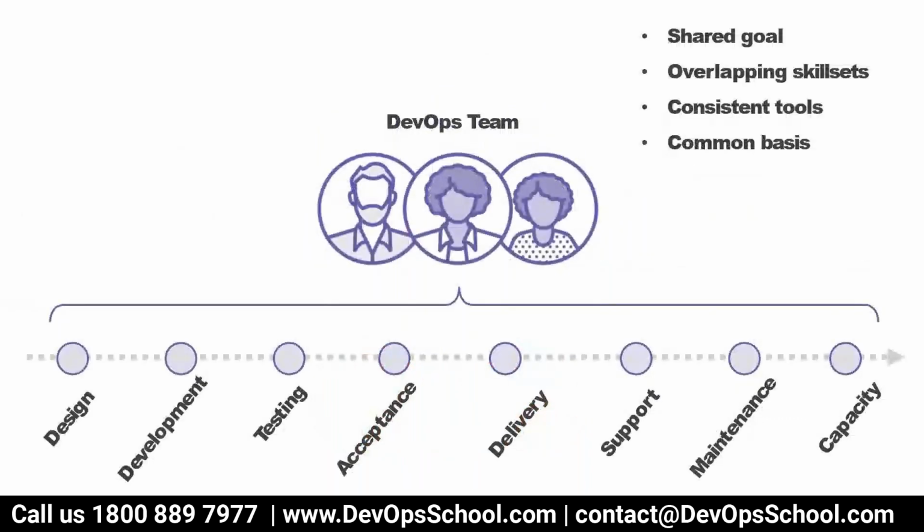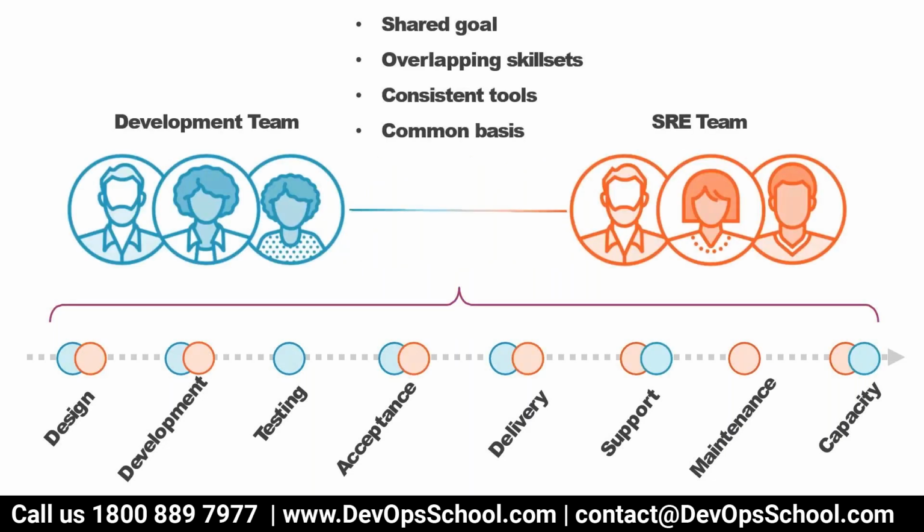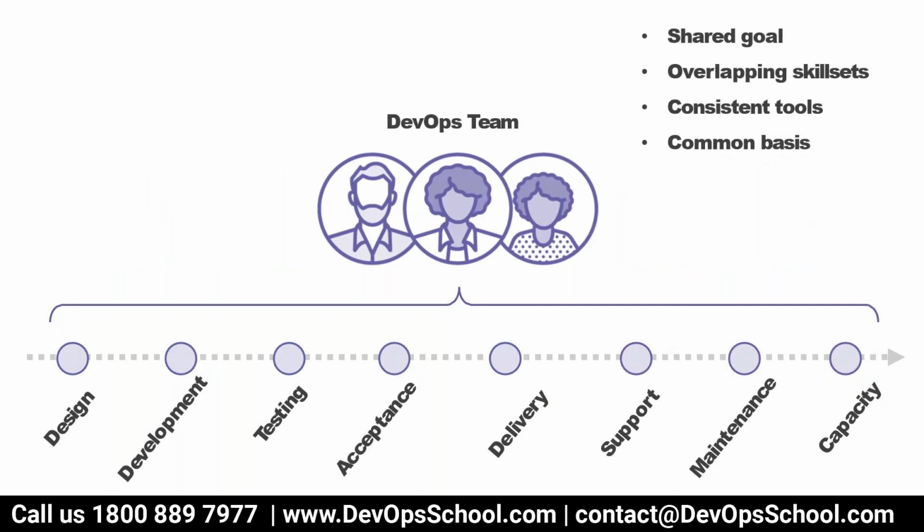So here, if you see, the DevOps team is supposed to do everything from design, development, testing, acceptance testing, delivery, support, maintenance, capacity planning, which has shared code, overlapping skill set, consistent tools, common basics. Whereas the development team and SRE team will be separate teams, but with shared values, shared goals, overlapping skill set, and so on.